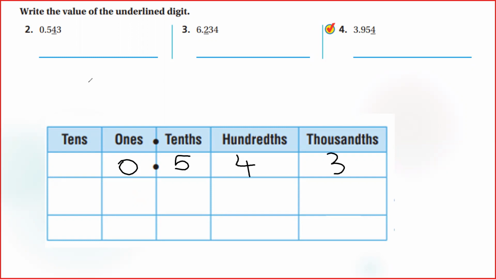What's the value of the underlined digit? 4 times 1 over 100. Or you can say what? 4 hundredths. Thank you. What's your name? Isra, you answered.